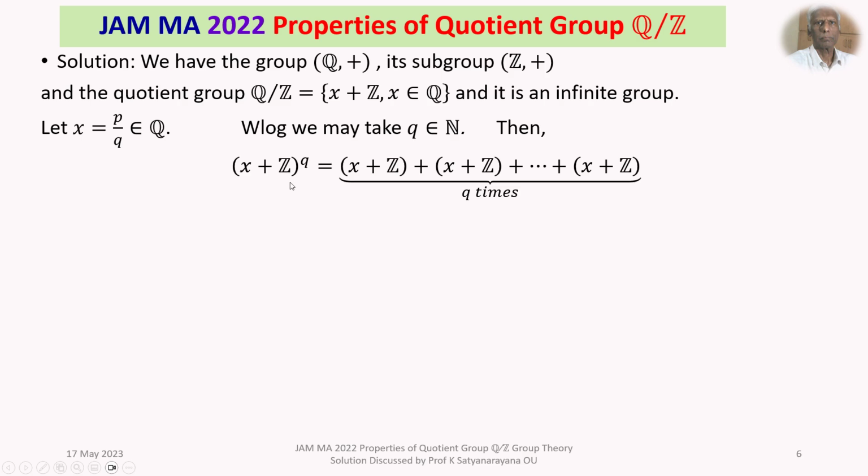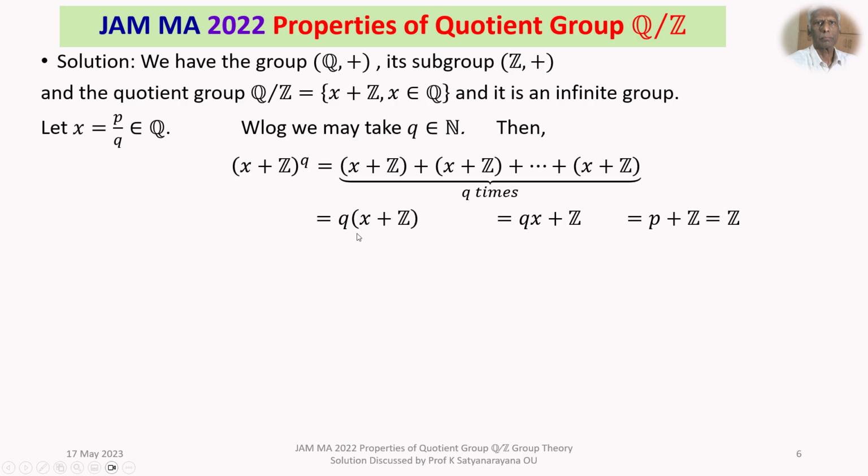Since it is an additive group, this means x plus Z plus x plus Z, and so on, q times. So this will be equal to q times x plus Z.